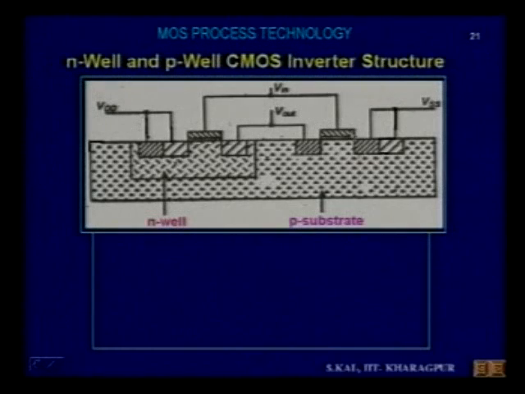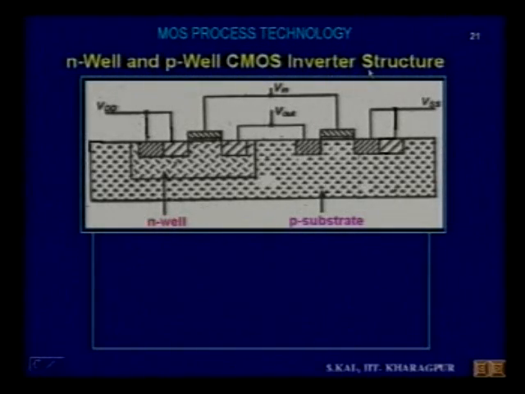In the CMOS inverter, both gates are connected. This will be the input. Source and drain of PMOS and NMOS are connected as one. This is known as the output. In the NOL, the PMOS source is VDD, and the NMOS source is VSS. So this is the structure of the CMOS inverter.